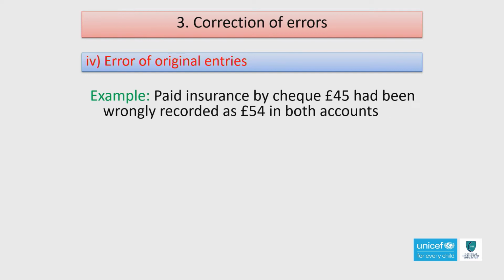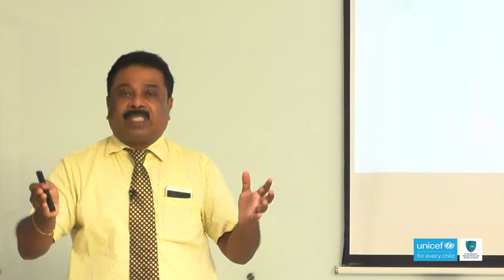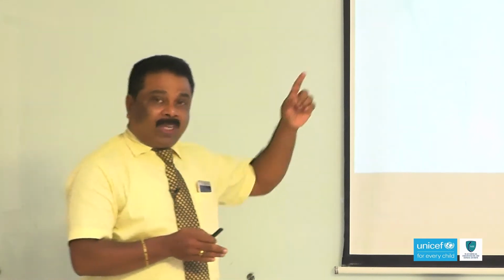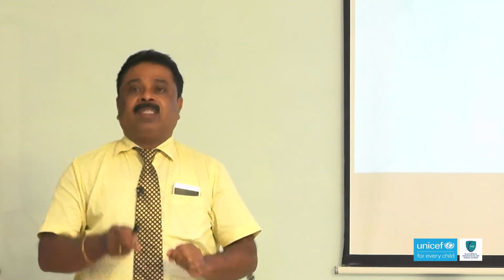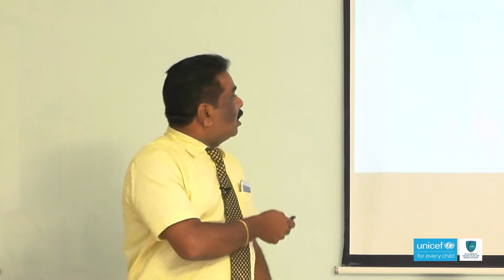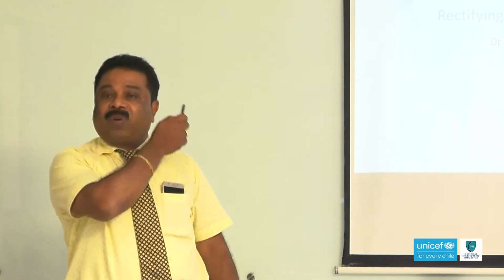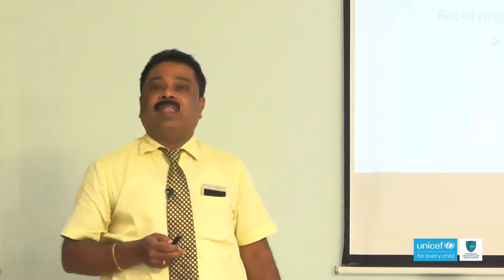We have posted with more amount. The real amount is 45. We have posted 54. So it is overstated. When it is overstated, you should make an opposite entry, I said. First you should know the correct entry for paid insurance by cheque is insurance debit, bank credit. So opposite: bank debit, insurance credit. The difference, once again I call, between 54 and 45, that is 9.